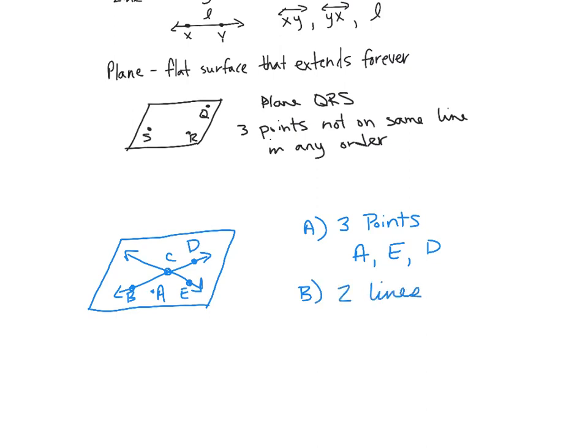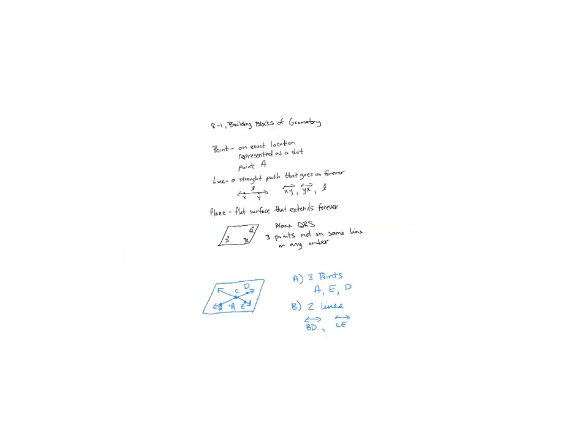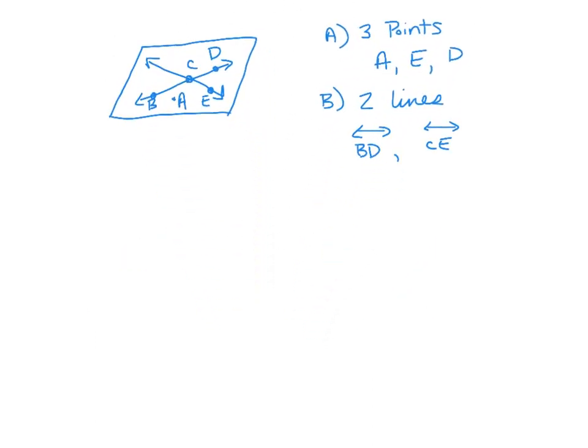Now these ones have to be on a line. Okay? So, B and D are on the same line, they're on that. And C and E are also. Now you can write those as DB and EC as well, because they go on forever in both directions. Doesn't matter, there's no stopping point.